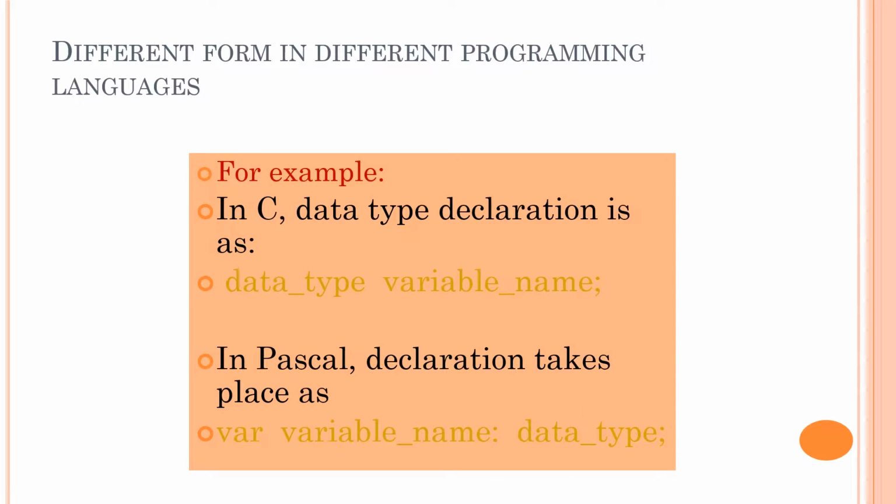In Pascal, declaration takes place as var variable_name colon data_type. Most common data types include integer, float, character, etc. The data types are specified with their attributes: name, type, location, values, and operations.